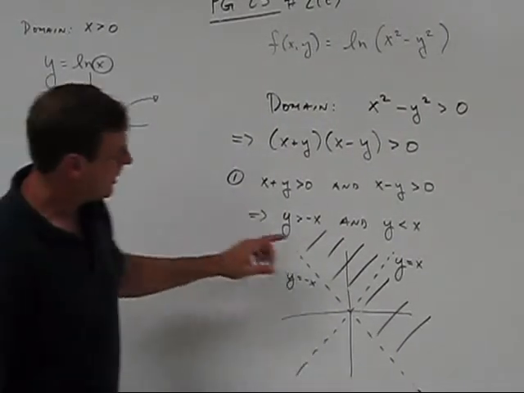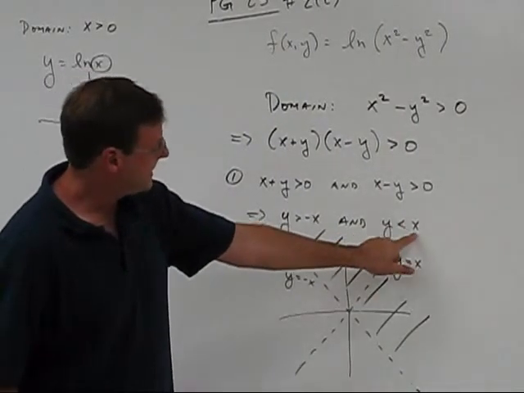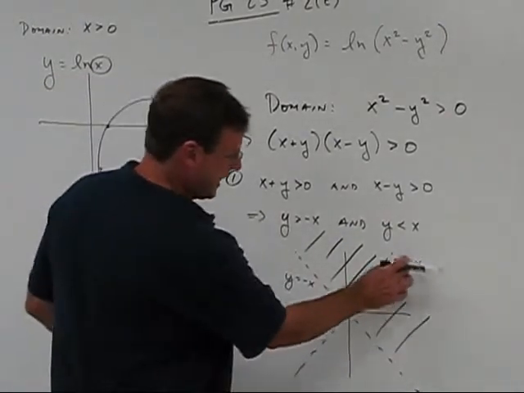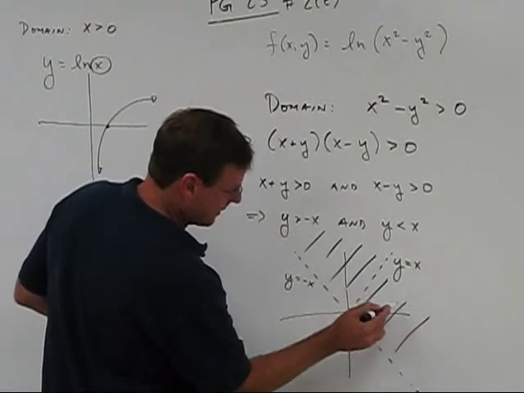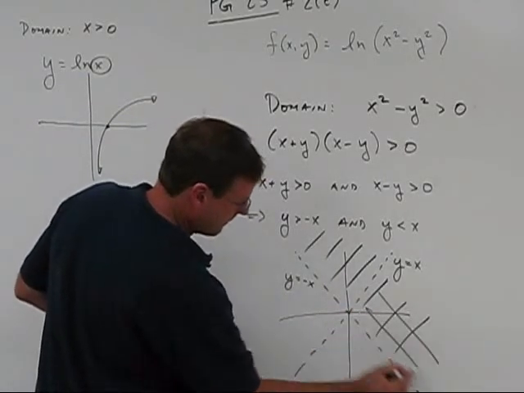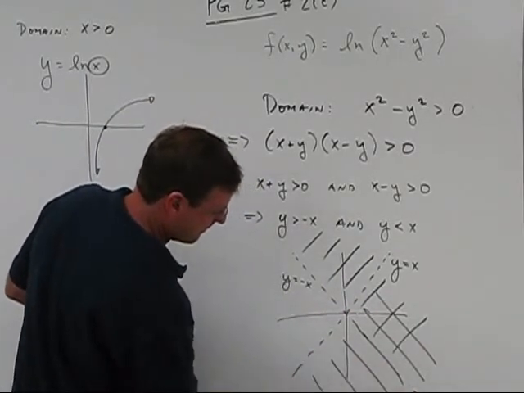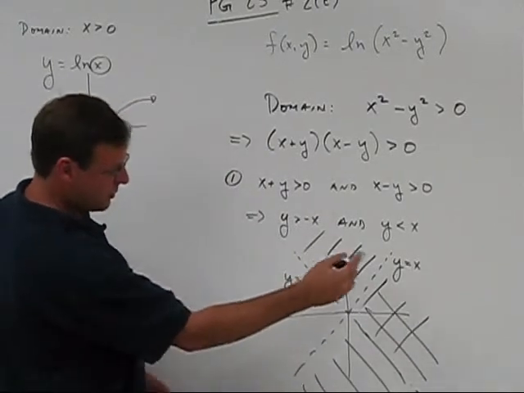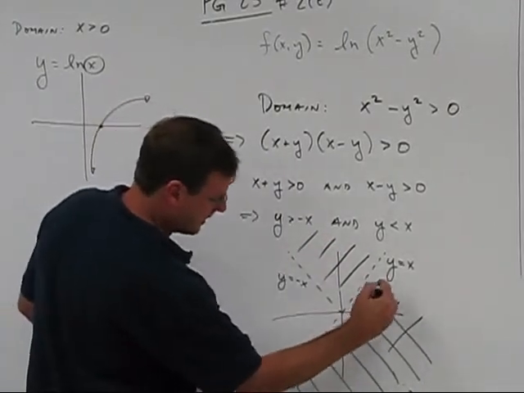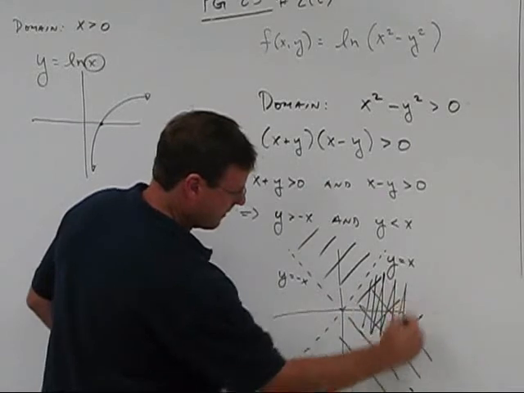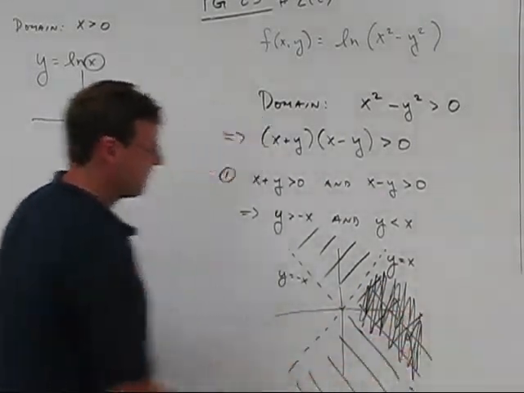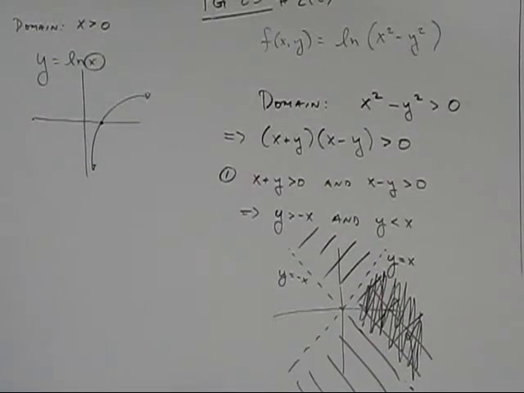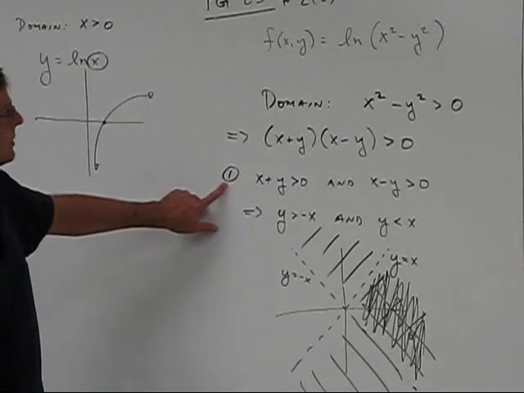And for y to be less than x, that is all of this stuff down here. So the two together having to happen is this region right here. Okay, that's the first situation.